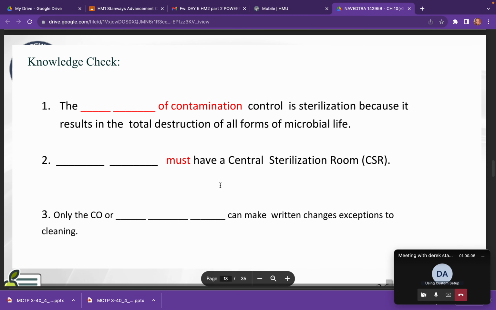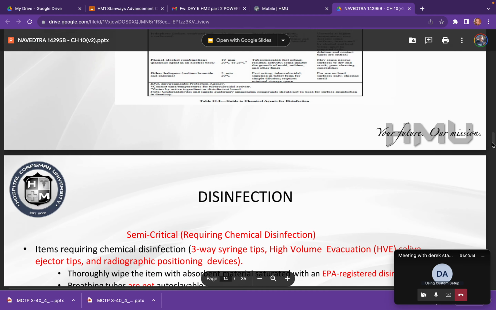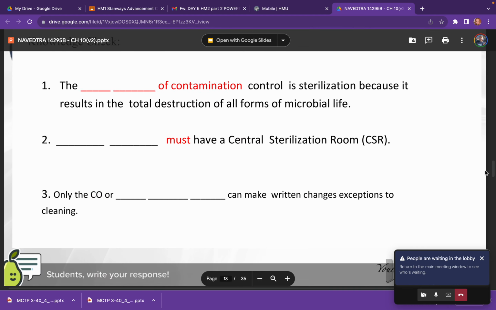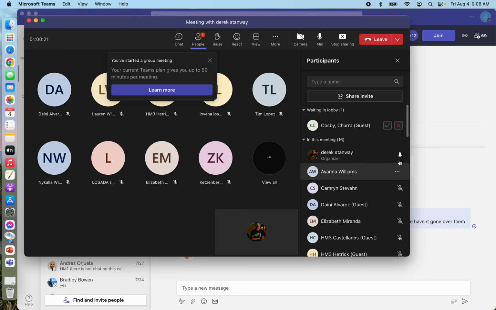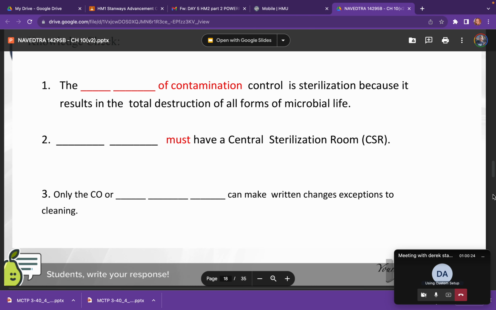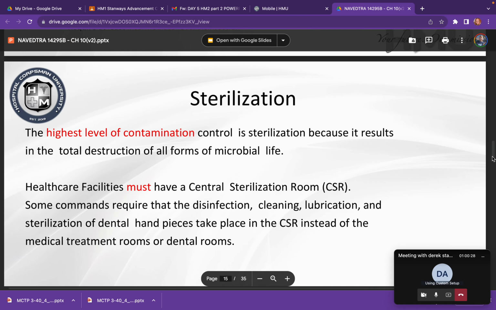The blank of contamination control is, I know, sterilization. Yes. For what? The blank. Do you have the answer? I'm gonna look at it. That's a weird question. Most effective form of, no, I don't even know.